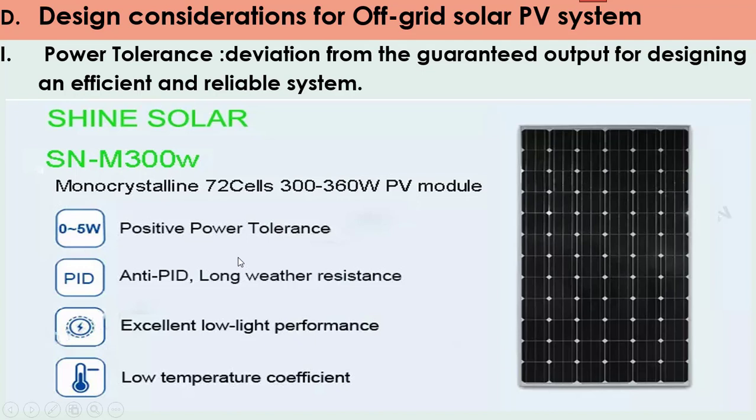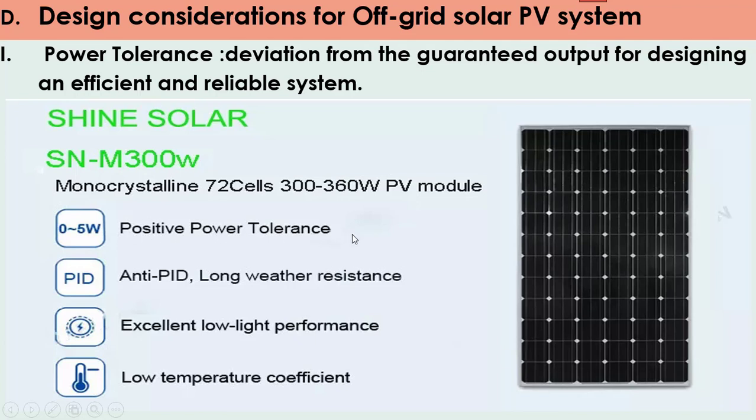Always we must pay attention that when we select solar modules, we try to avoid the negative tolerance value, because a negative value will reduce the final productivity of energy from our system. So we must select the positive power tolerance.